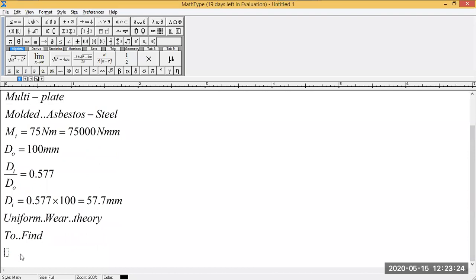That means we need to find the number of plates. I'll write n dash. n dash is the number of contacting surfaces.